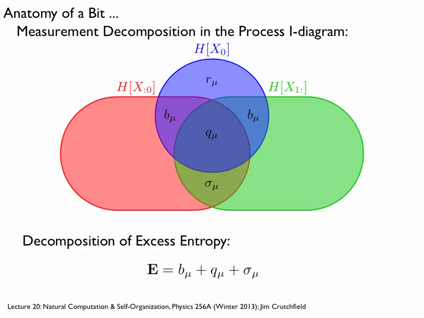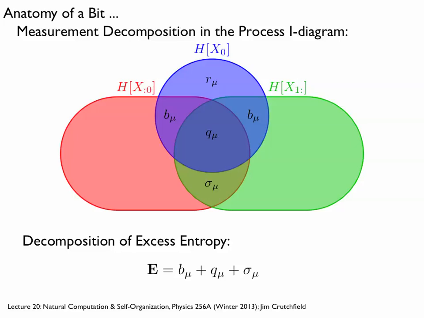Oh, and this I mentioned already. If I think of the zero variable as the first variable in the future, and the red here is just the past, then the mutual information between the past and the future is in this overlap here. So the excess entropy, past-future mutual information, is B mu plus Q mu plus sigma mu.